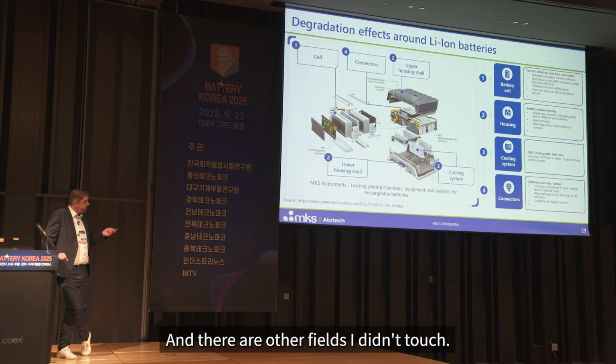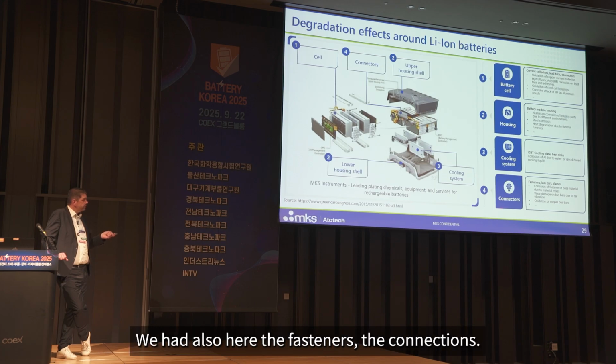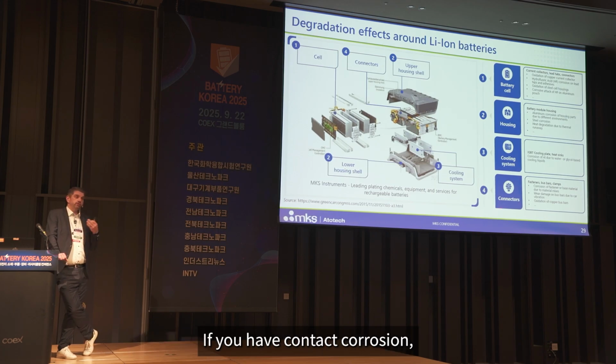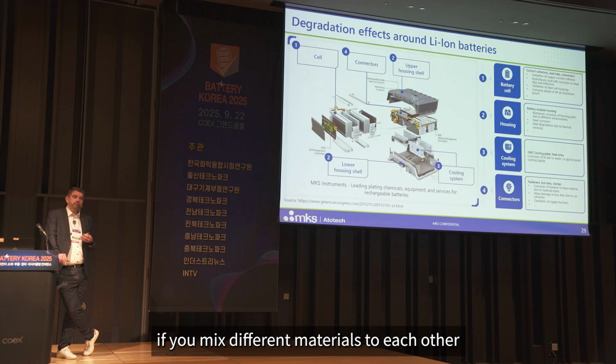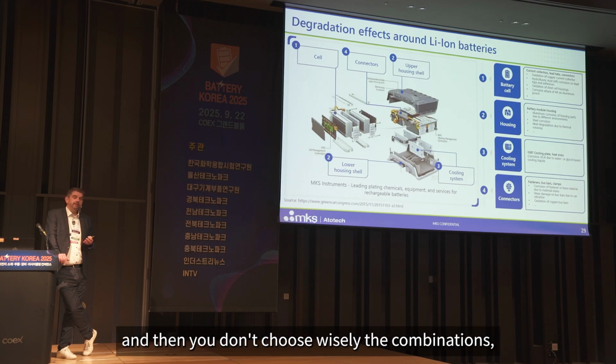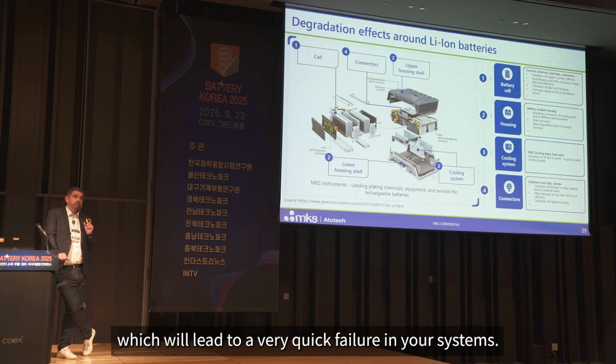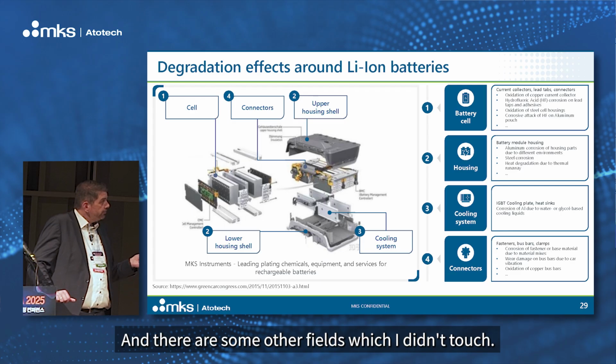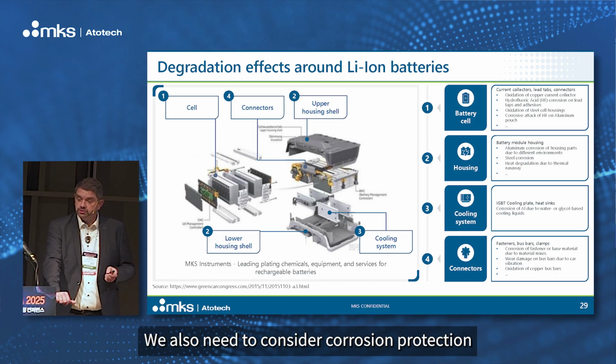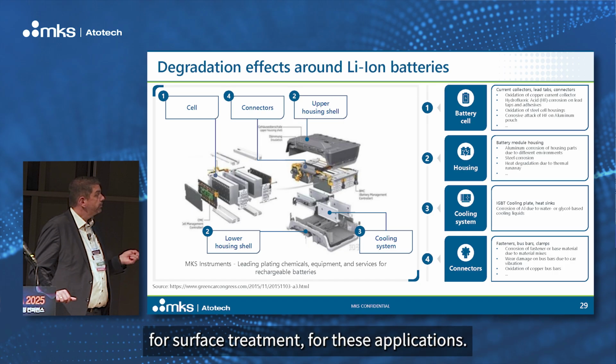There are other fields I didn't touch. We also had the fasteners and the connections. If you mix different materials with each other and don't choose the combinations wisely, you will have so-called contact corrosion, which will lead to very quick failure in your systems. There are some other fields I didn't touch where we also need to consider corrosion protection and surface treatment.